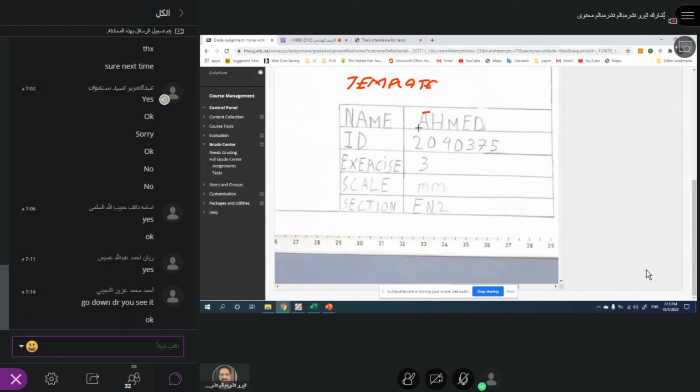Because you see, A is bigger, M is smaller. You should write Ahmed equally. See? All should be equal, but M is smaller, A is bigger.